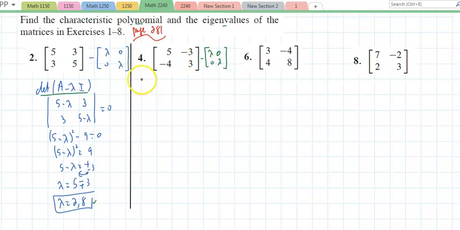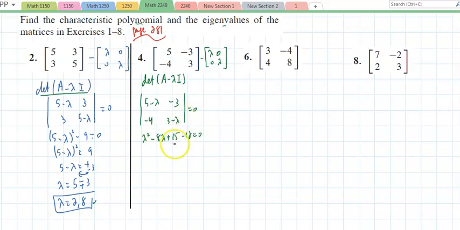That would be the determinant. Remember the determinant, how that goes. 5 minus lambda and negative 3, negative 4, and 3 minus lambda. Set that equal to 0, and that's going to be, if I multiply, lambda squared minus 8 lambda plus 15 minus 12 equal to 0.